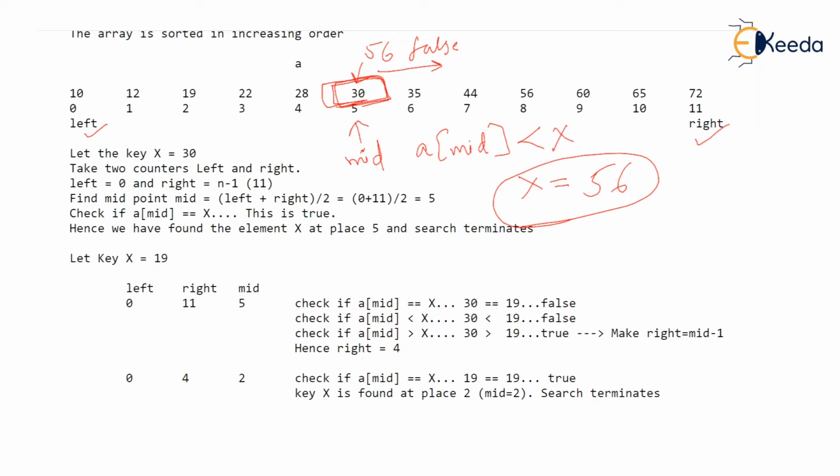Then we are going to change the left counter. Are you understanding? Now we are going to search our key from mid plus 1 to right, isn't it? This is the region where the key can be present, to the right of mid, because 56 is larger than midpoint value 30. So the counter that we will now change will be left this time.